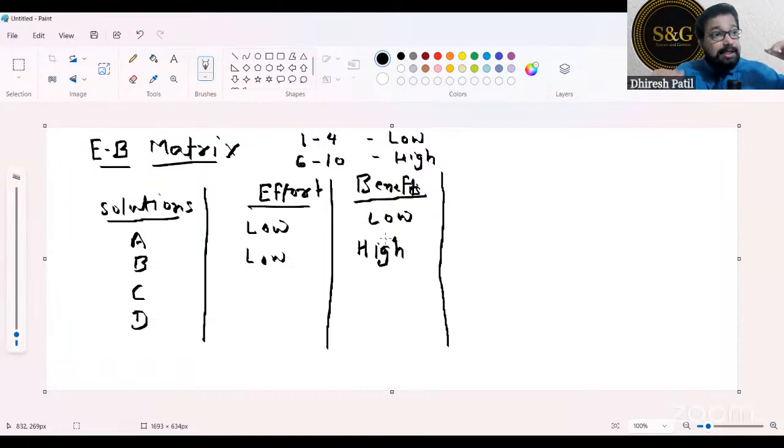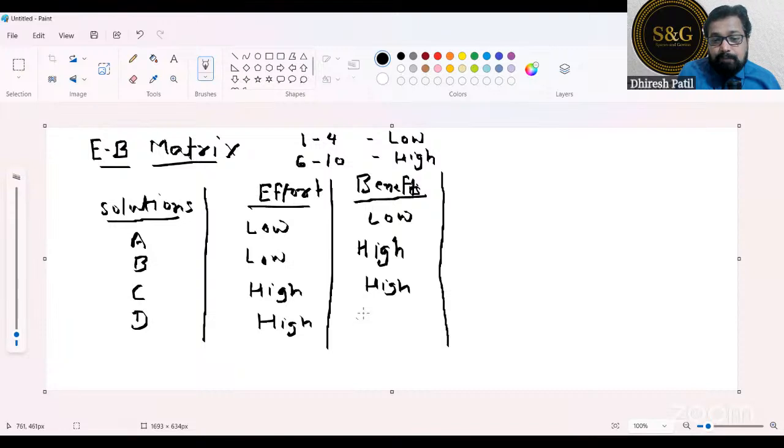High in the sense the impact on the solution, meaning impact on the problem, will be very high. All right. So those will be low effort and high benefit solutions. Third category could be high effort and high benefit solution. And the fourth category could be high effort and low benefit solutions.